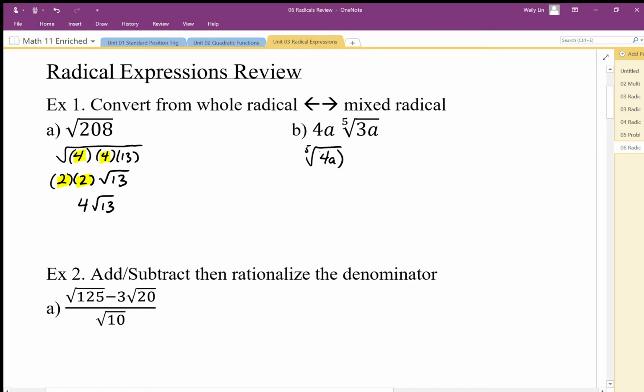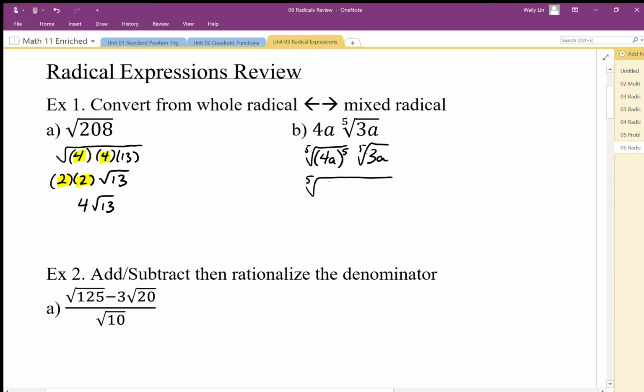If we're going to put it under a fifth root and keep the same value, we're going to raise it to the power of 5. The big idea in math is that if we apply a fifth root and apply a power of 5, they undo each other and we have the same expression we started with. So once we have it in the same index, we can write it all under one index.